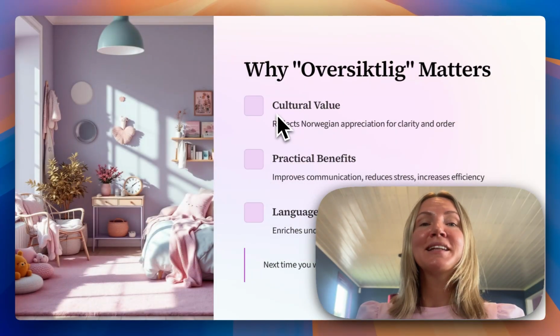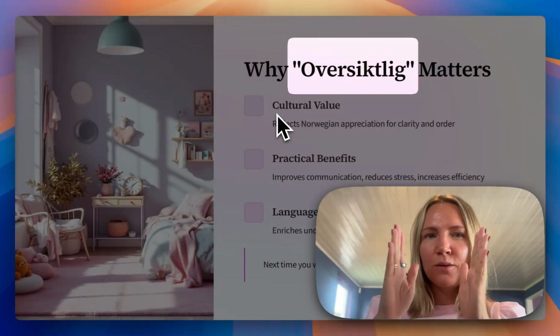So why does oversiktlig matter? If you learn a word like this, you can use it instead of saying, oh, that was so clear and easy to follow. But I would never use it when I'm talking to you now and you're learning this word. You cannot say that this lesson was oversiktlig because you are only hearing something. That doesn't work. But you can say that the slides I showed you were oversiktlig.